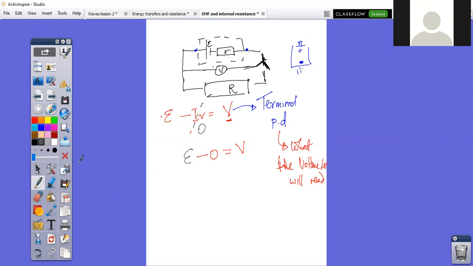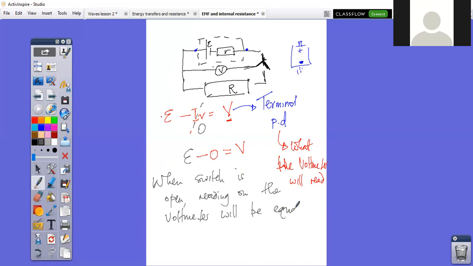Very good. So when the switch is open, the reading on the voltmeter will be equal to the value of the EMF.